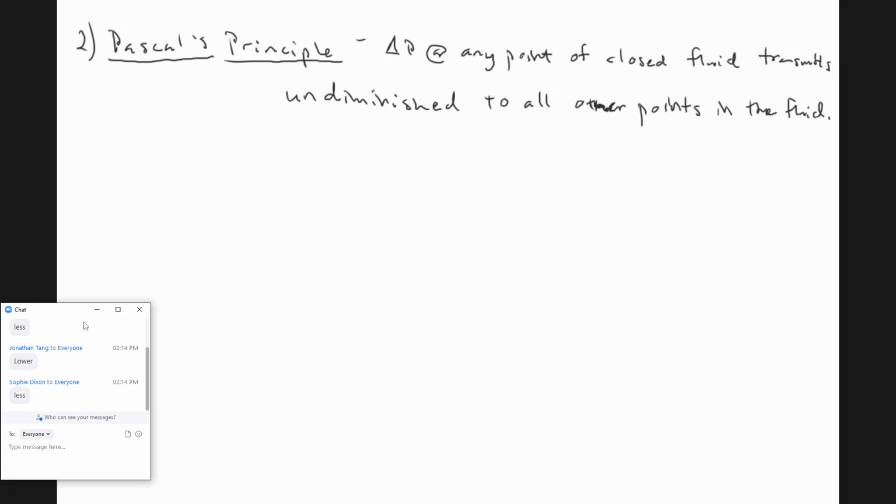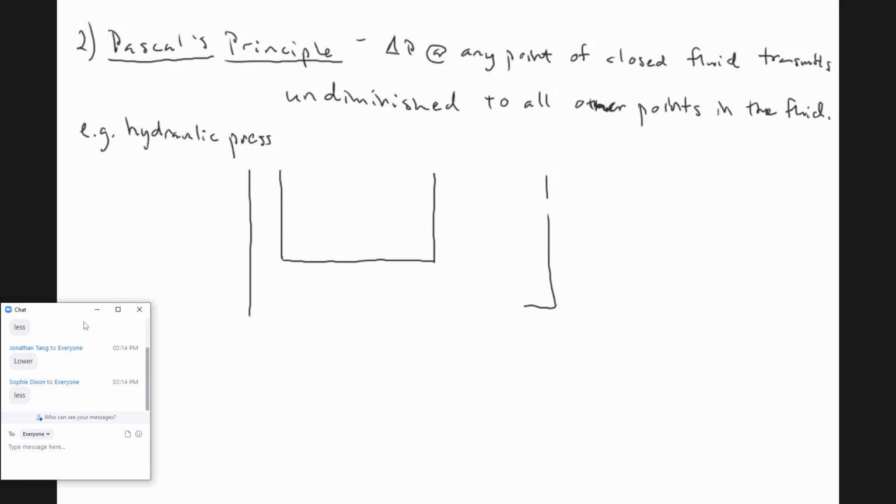So a perfect example of this is a hydraulic press, right? In layman's terms, this is a car jack. Think of you pumping up your car and trying to change a tire. So on one end, a small cross-sectional area, the other end, a large cross-sectional area.